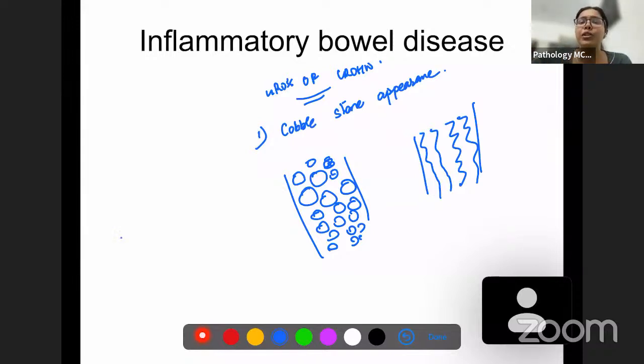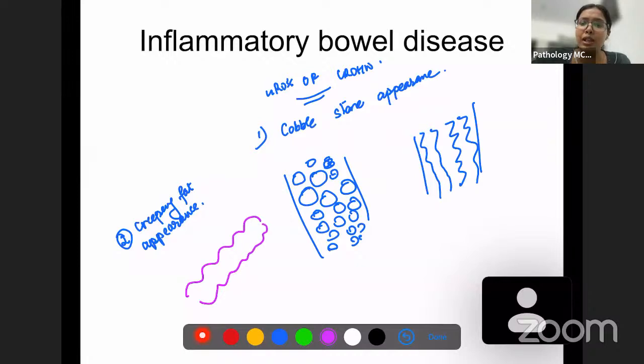The second important gross appearance is creeping fat appearance. Usually, the intestine looks something like this. There is the taenia coli, which is present in the colon. Okay, and then here we can see a bit of fat.